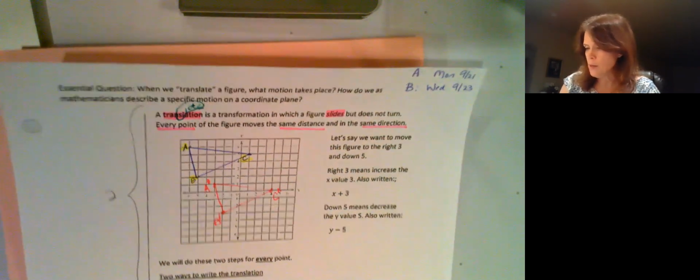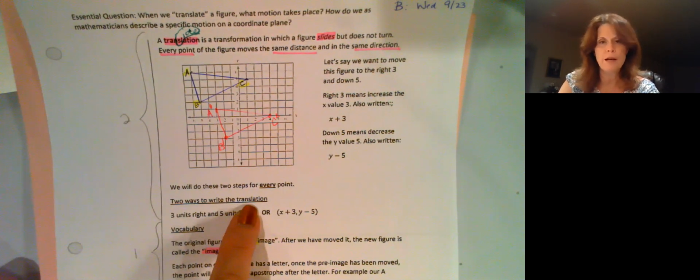Something I want us to think about is if we wanted to write the translation or describe it, we could just use words, or we could do this, which is called a coordinate rule.